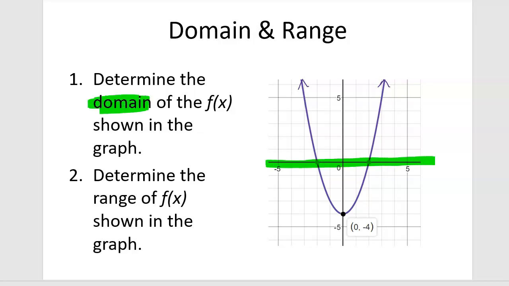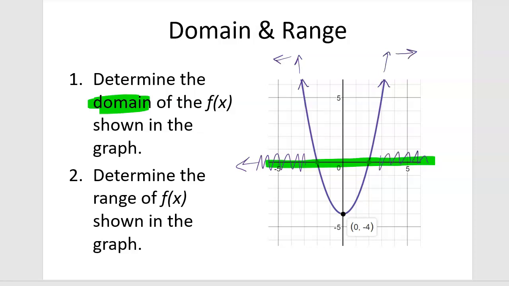Once again, I'm doing my domain in green. Since this goes on forever, you have to think about the fact that it's going up and it's going to the left. So it is going to use all of these values forever this way, because it's always going up and a little to the left. And then over on the right side, it's continuing to go up and it's continuing to go to the right.